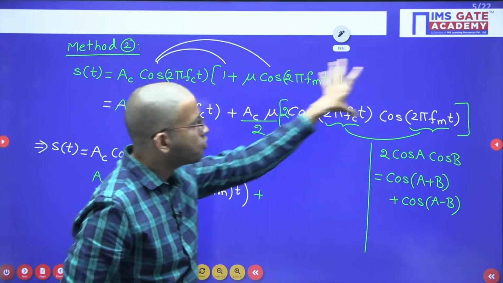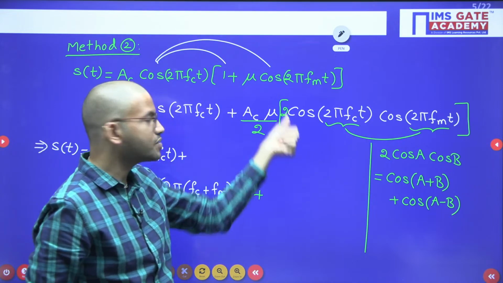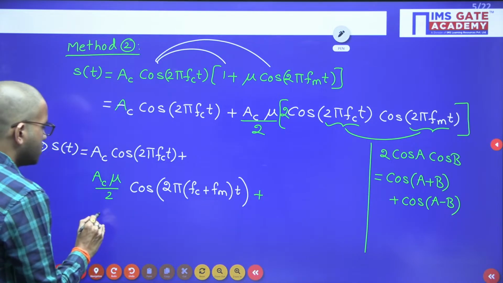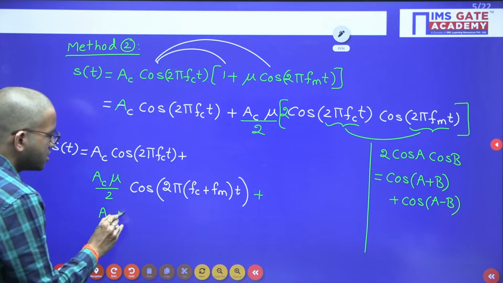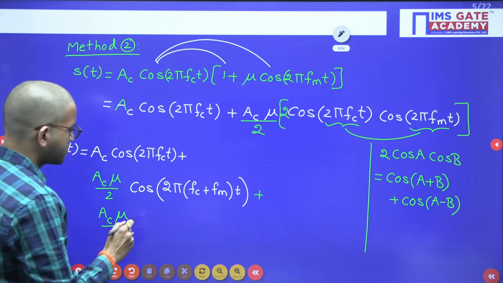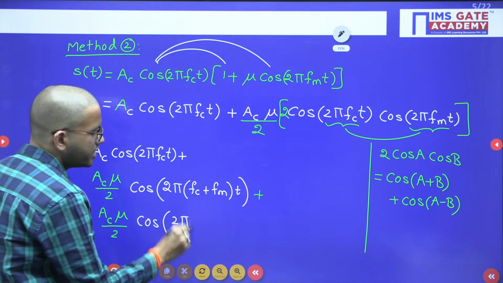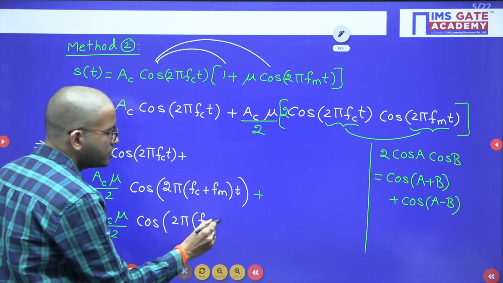For this overall term the amplitude is Ac mu by 2. Now cos difference means you will get 2 pi into fc minus fm into t.